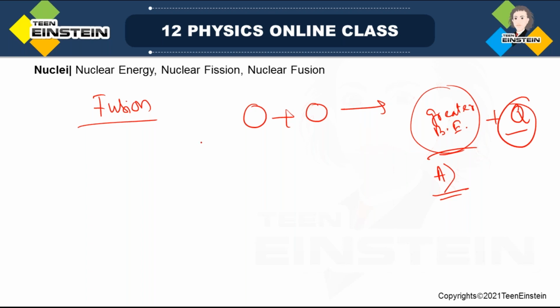So this is about fusion reaction, and this fusion reaction in general happens inside the star and sun, because nucleus means always positive charge, so there are two nuclei of positive charge. If they are fused together to form a bigger nucleus, then what happens? Both are positive, they will repel each other strongly.